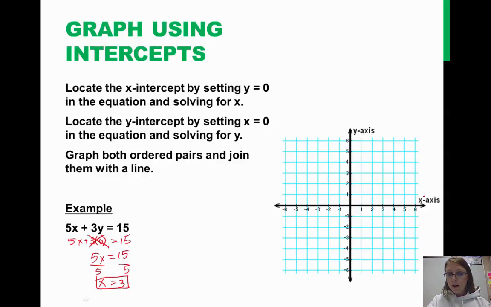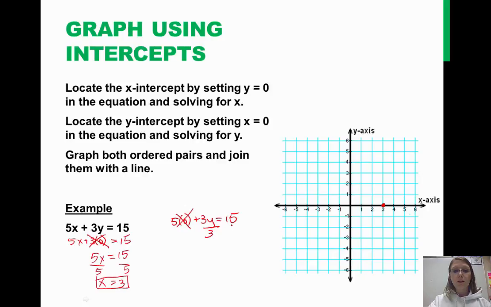I can go over to my x-axis and put a point right there on 3. Now I want to do the same thing for y. And in order to do that, I need to set x equal to 0. So here I have 5 times 0 plus 3 times y equals 15. And notice that 5 times 0 is 0, so this disappears. I'm left with 3y equals 15.